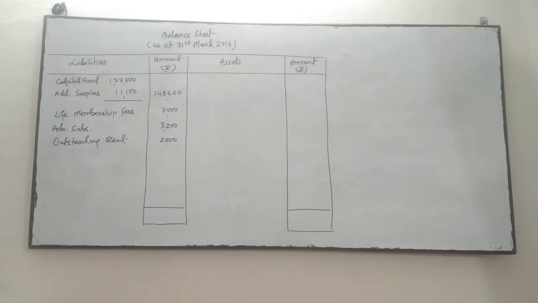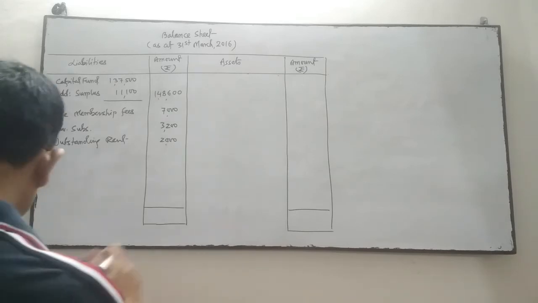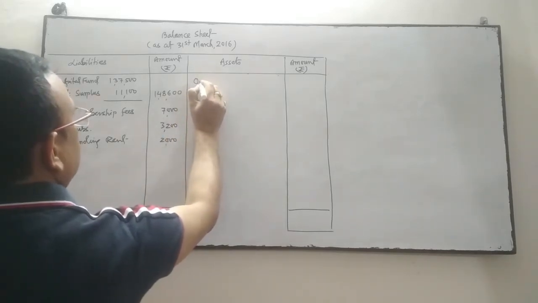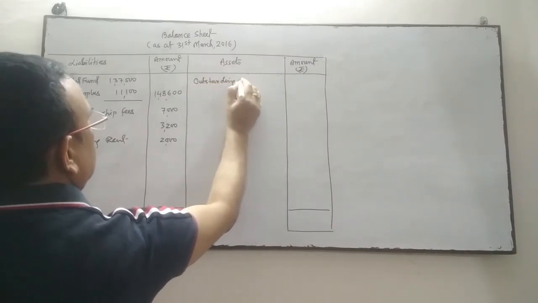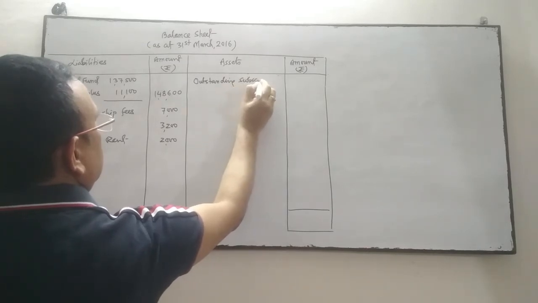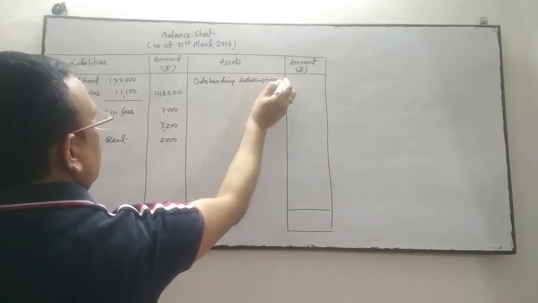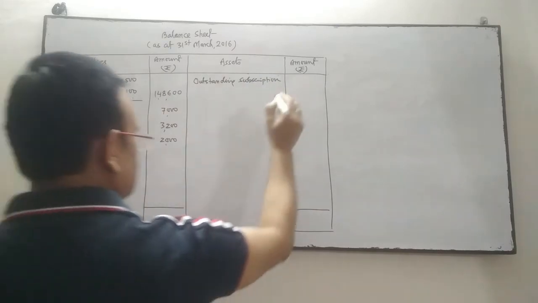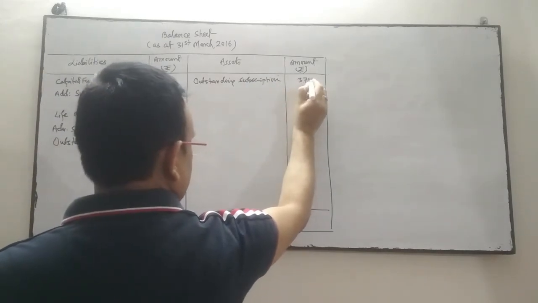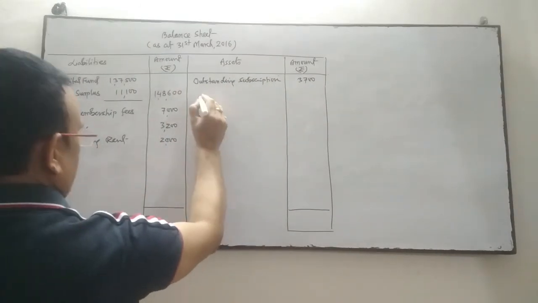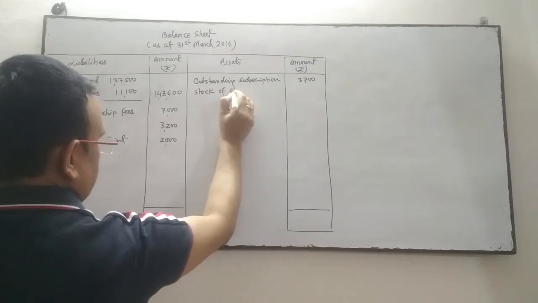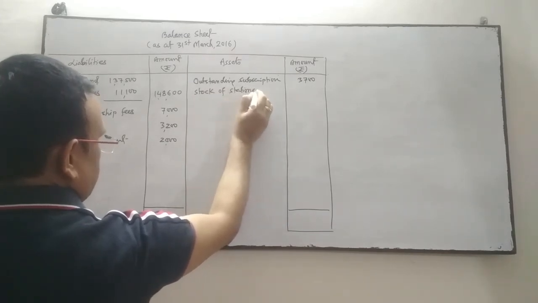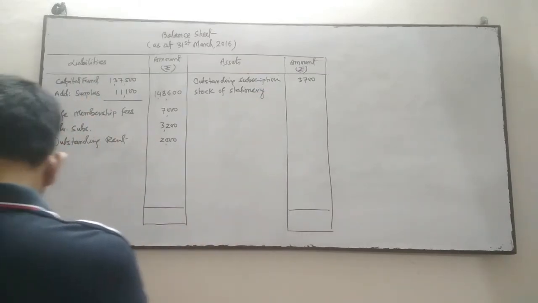Thereafter, come to this side, outstanding subscription. Outstanding subscription of current year, that is 3,700. Then stock of stationery, it's a current asset, 800.